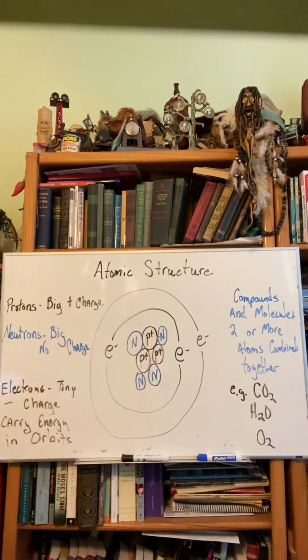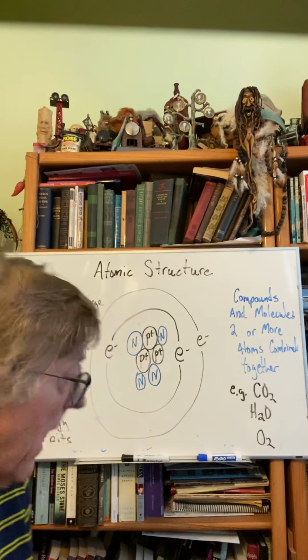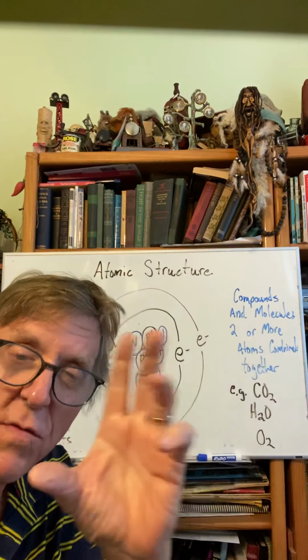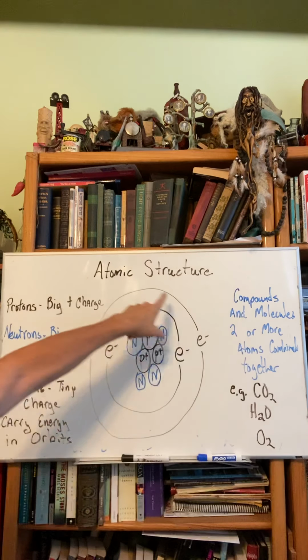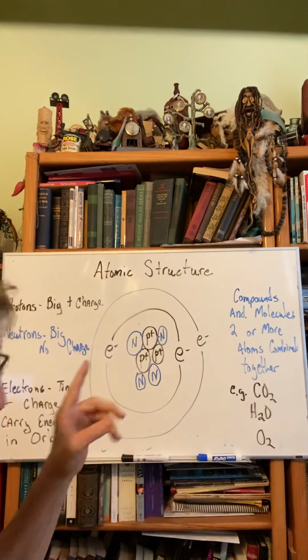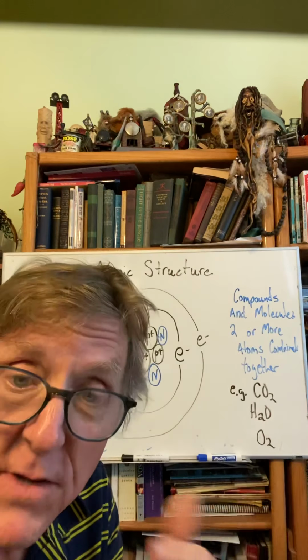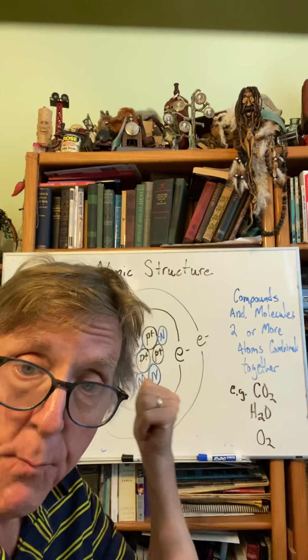Now, inside the nucleus also, we have another big particle, and that's called a neutron. And it has no charge, so it's just there. It's part of the structure of the nucleus. Now, around the outside of the nucleus, we have some teeny tiny particles. They are actually 1/2000th the mass of a proton or a neutron.